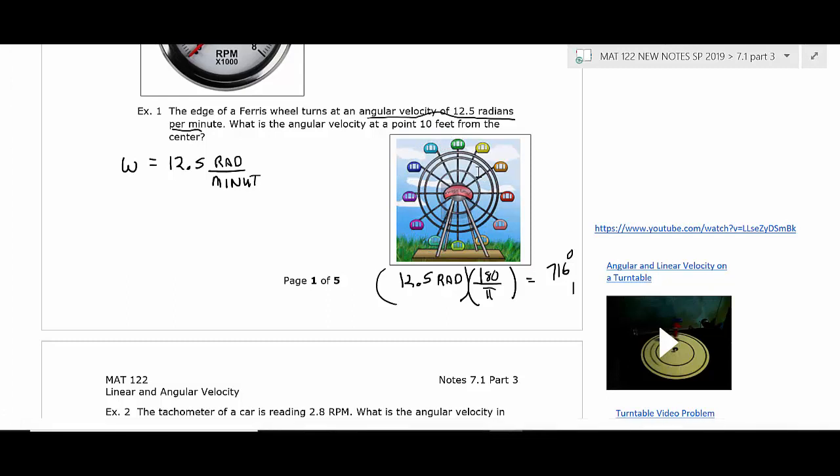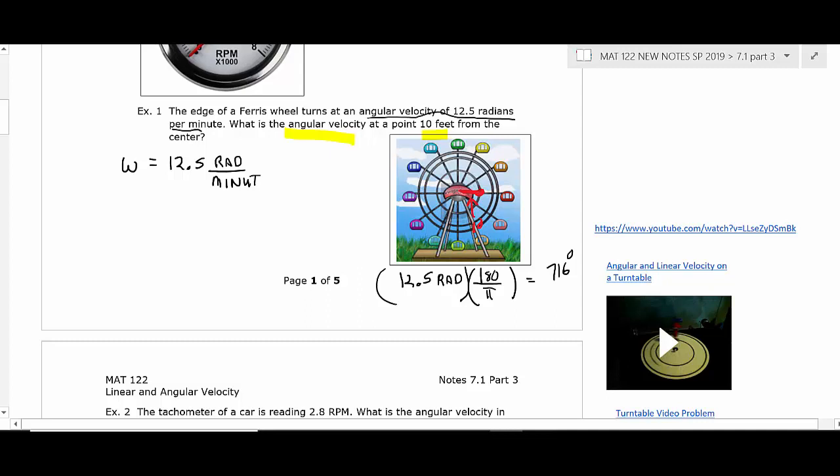So here's the question. And it turns out on this one, you don't have to do any calculation whatsoever. It says, what is the angular velocity at a point 10 feet from the center? So I gave you that the angular velocity at the edge of the circle, where you're riding on this, is 12.5. I'm just saying, well, what if we went out like here? And let's say that is 10 feet from the center of this Ferris wheel.